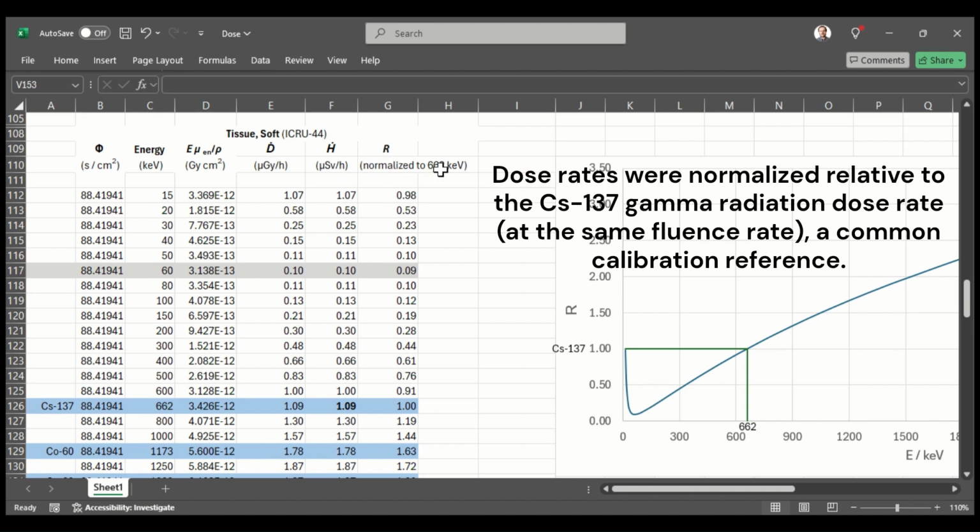Dose rates were normalized relative to the cesium-137 gamma radiation dose rate, at the same fluence rate, a common calibration reference.